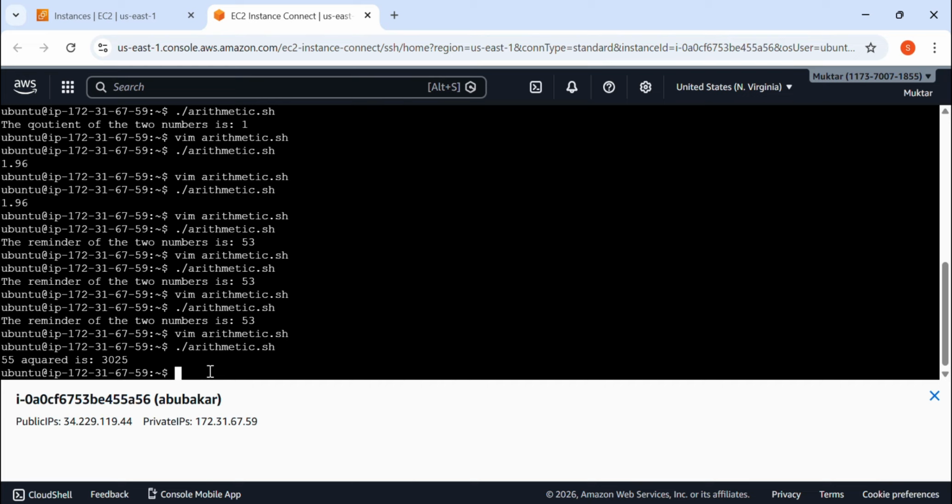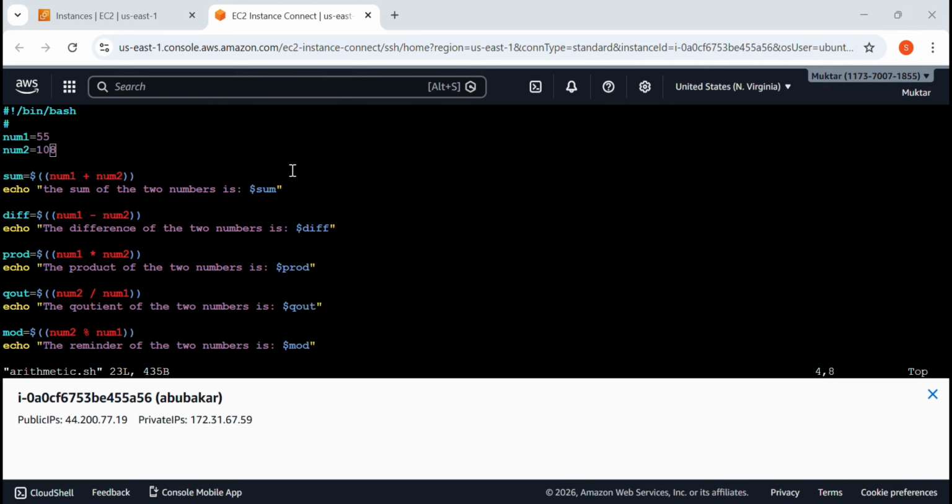Now I'm going to show you how you are going to combine every single operation we covered, all in one file running together. So you guys should keep watching. As you can see right now, this is the command for all 6 operators that we used in this video. As you can see, I did sum equals num1. This is for the addition. This is for subtraction.